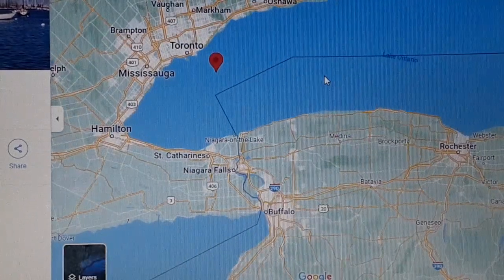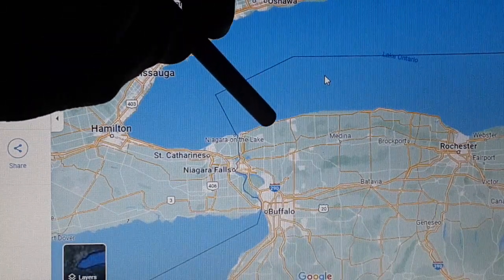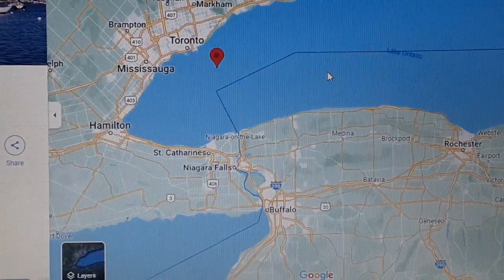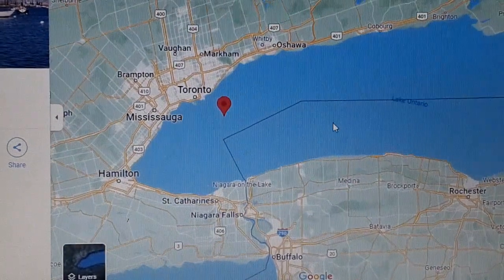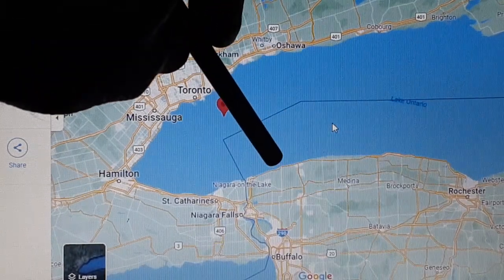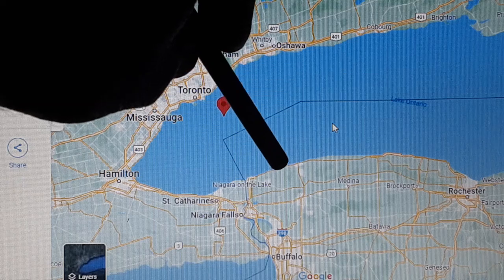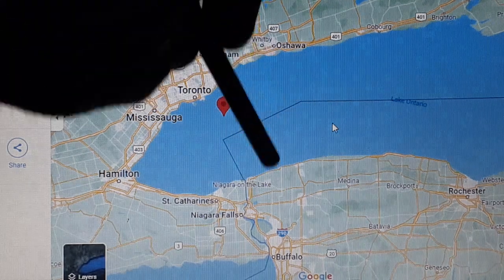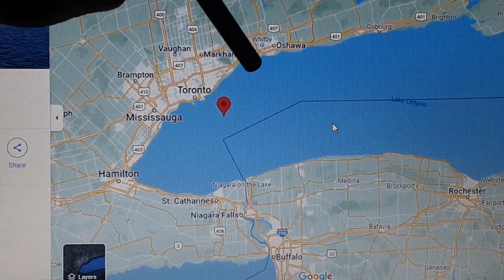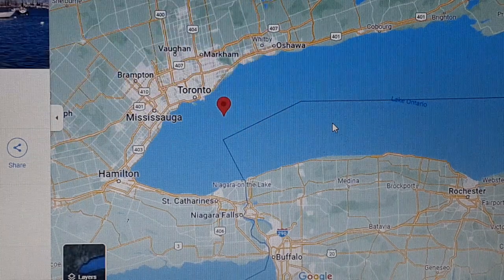So that is where the gas tank was found, right here. Up here is where Pickering is. Wilson, New York is where the gas tank was found, very close to shore, if not on shore. Not far, but you have to remember there's a lot going on in the water between there and there.